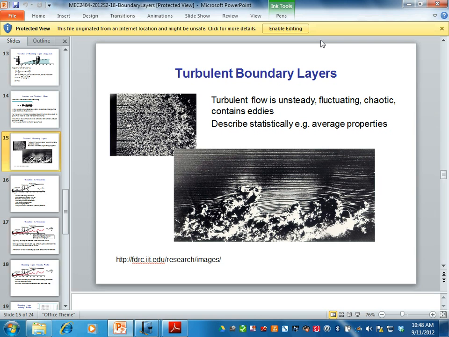This is a smoke visualization over a boundary layer. Okay, boundary layer here. You can see at the start, from the top, all the smoke trails are going more or less straight. Correct or not? Here, the smoke trails are going more or less straight from the top view. From the side view, you can't see anything. So on top view it is going more or less straight. That's the laminar part. Okay?